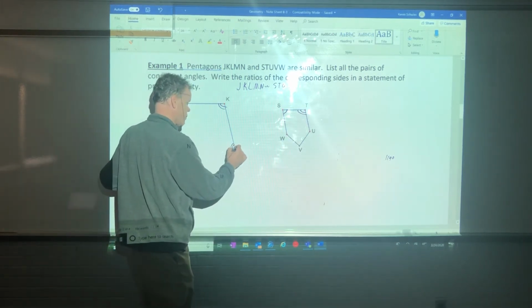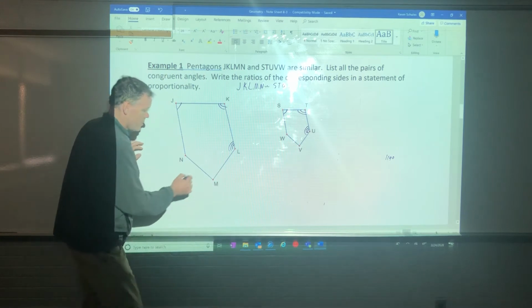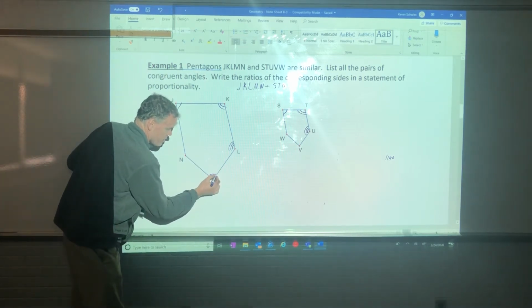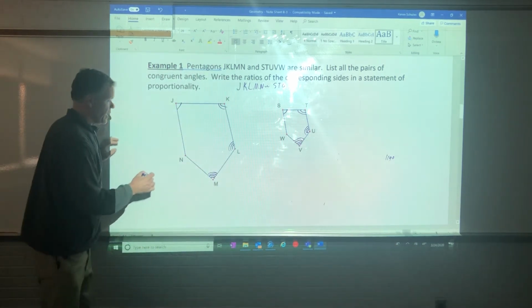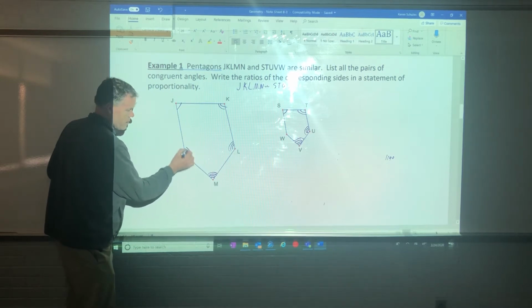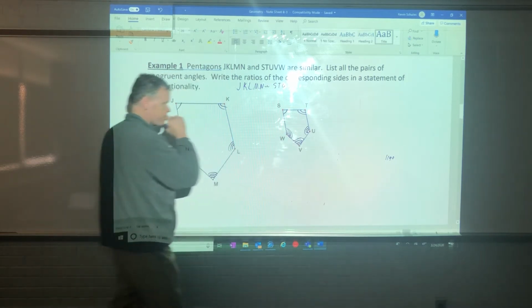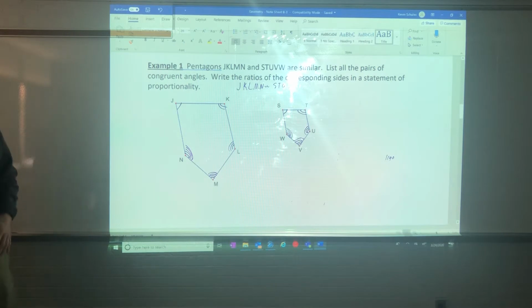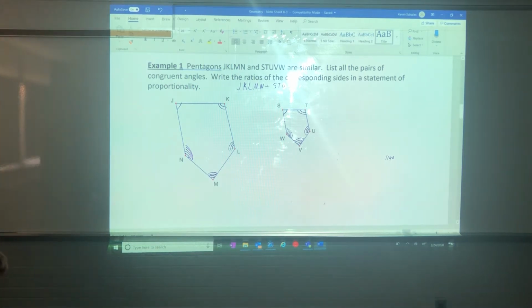Okay, L is going to be congruent to angle U. Okay, angle M is going to be congruent to angle V. And finally, angle N is congruent to angle W. Okay, so they're all the angles that are going to be congruent to each other.